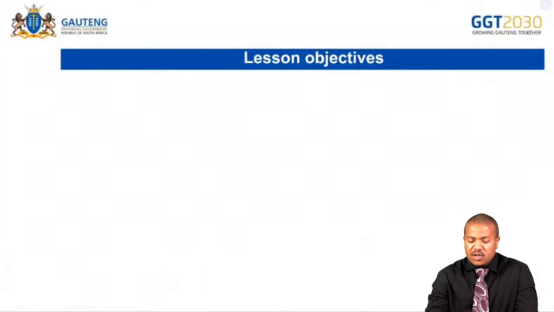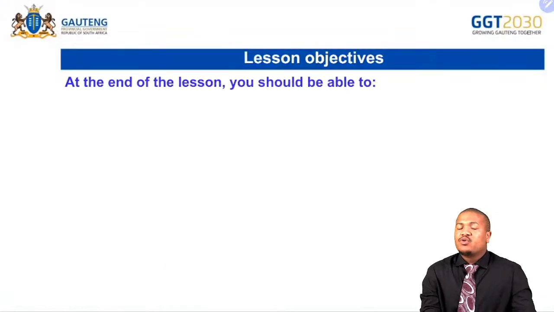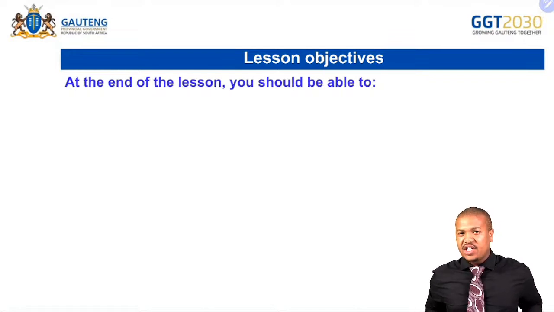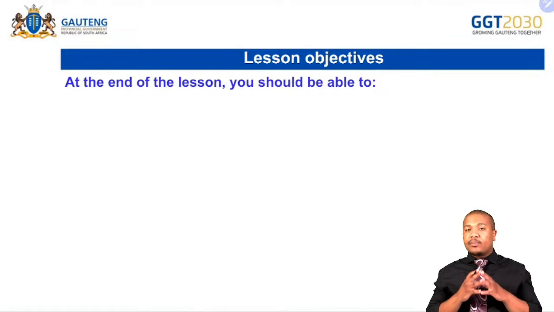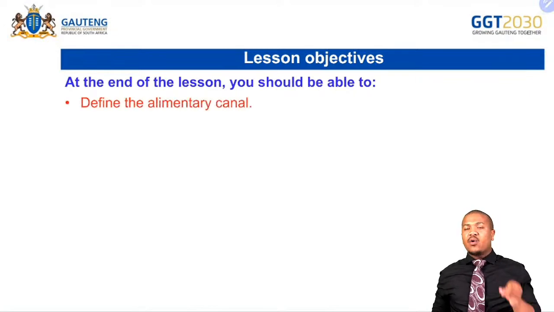Now, let's move on to our lesson objectives. Remember, this is what we need to achieve by the end of this lesson. So I need you to pay attention, take out your notebook, and write down some notes as we proceed. At the end of this lesson, you should be able to firstly define what the alimentary canal is.